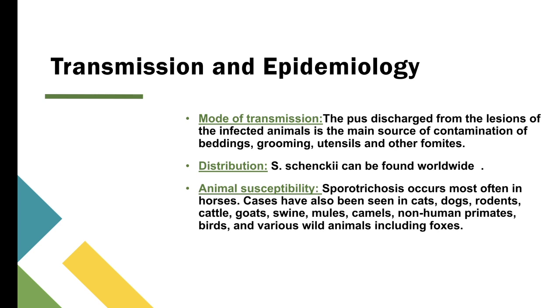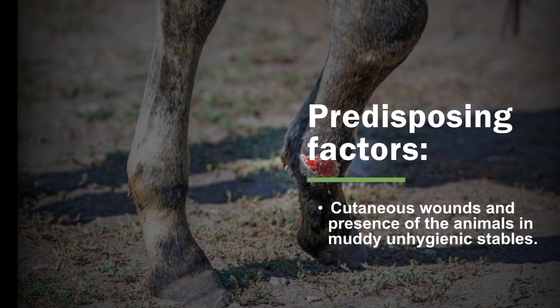It occurs most often in horses, but cases have also been seen in various wild animals like cats, dogs, including foxes actually. Here is a quick note about the predisposing factors like wounds and muddy stubble.